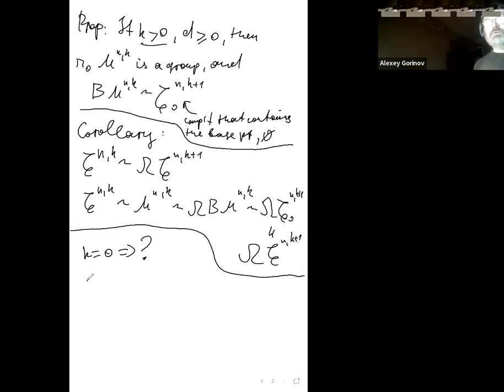Well, we don't know, but to begin with, the set π_0 M_n,0 is not a group.